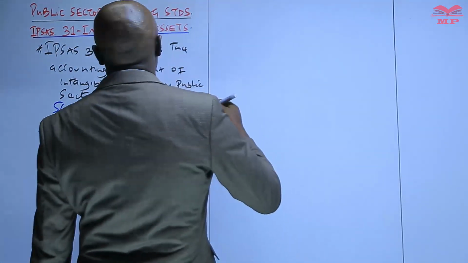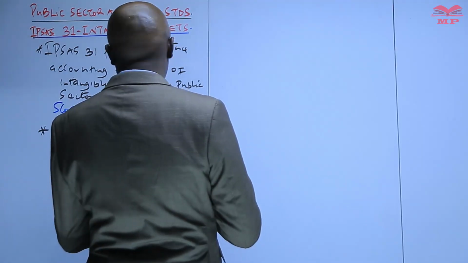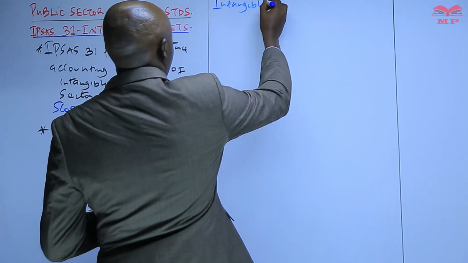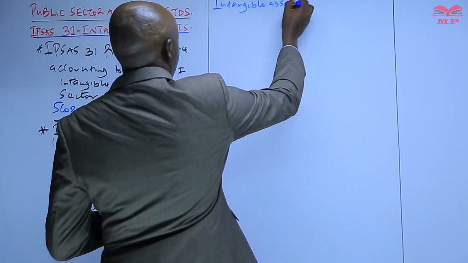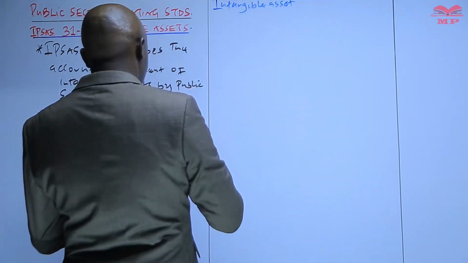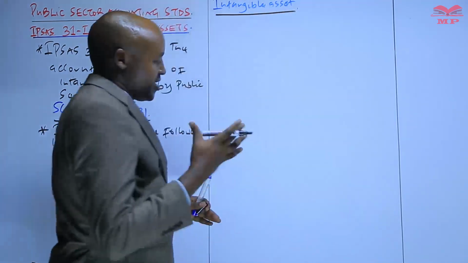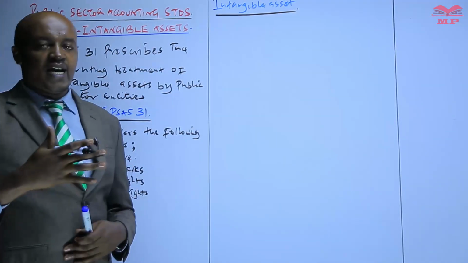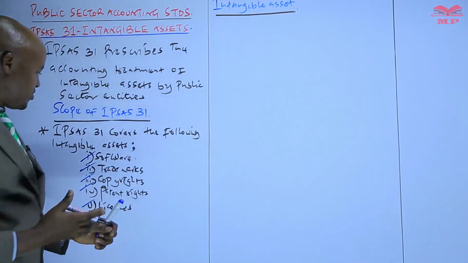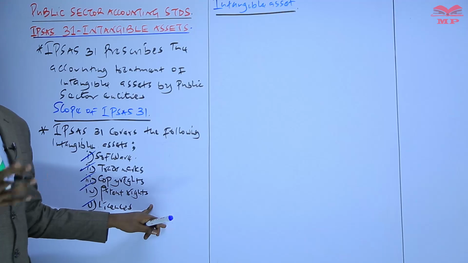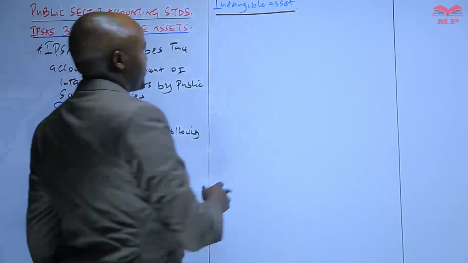Then from there we can define what is an intangible asset. Generally we have said that this is an asset which lacks physical existence. Like what we know is that software, trademarks, copyright, and so on, these assets do not have any physical existence.